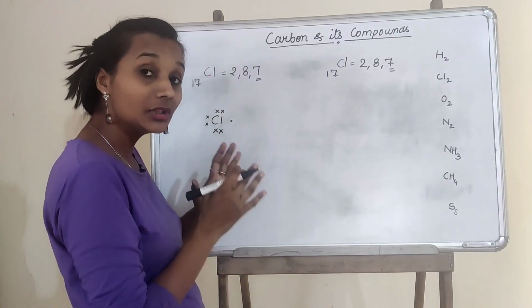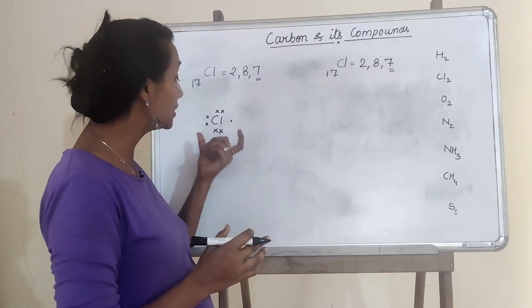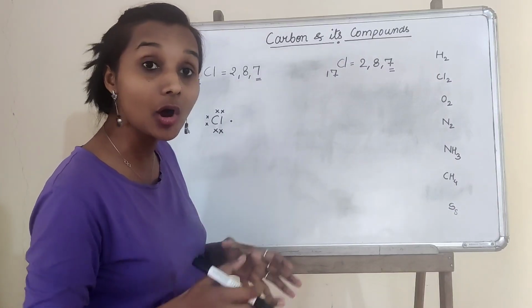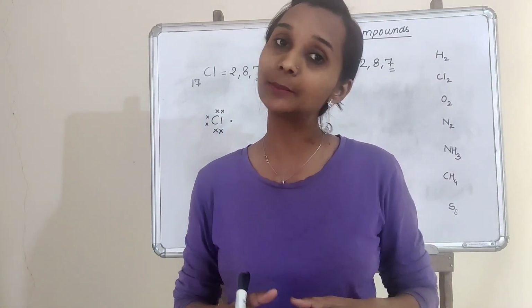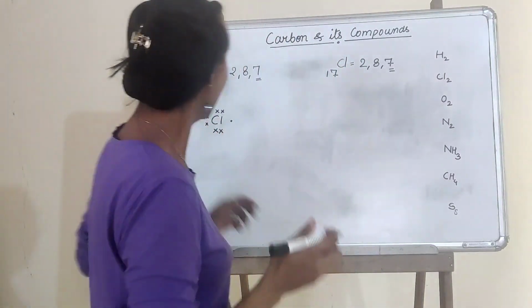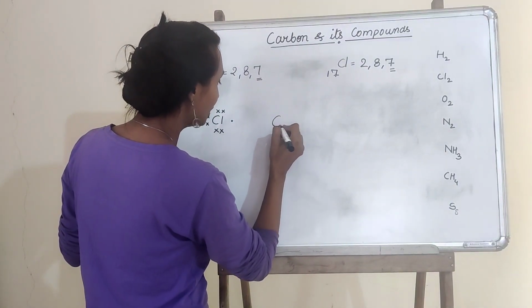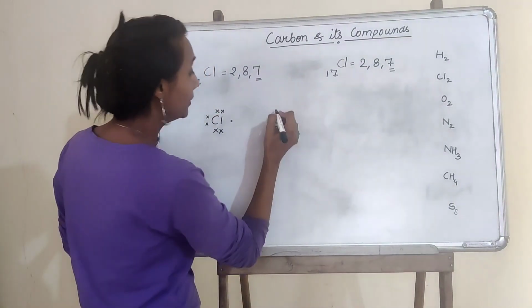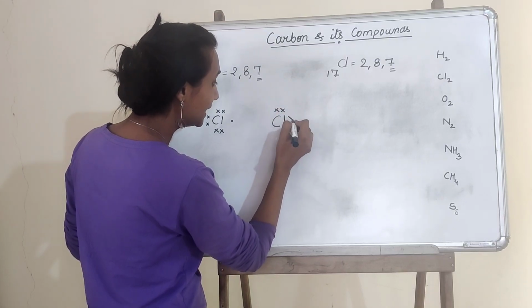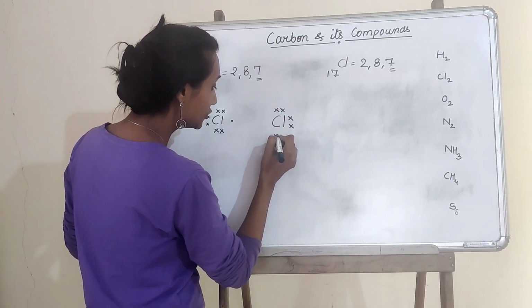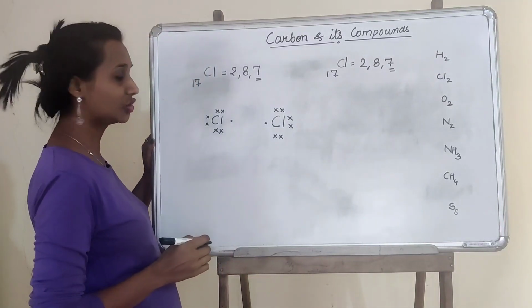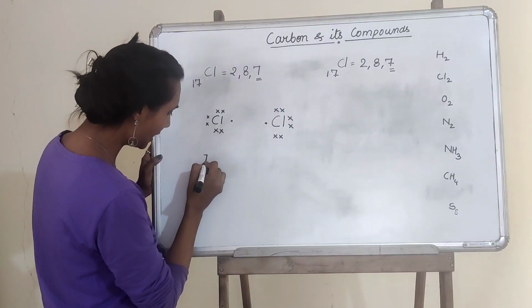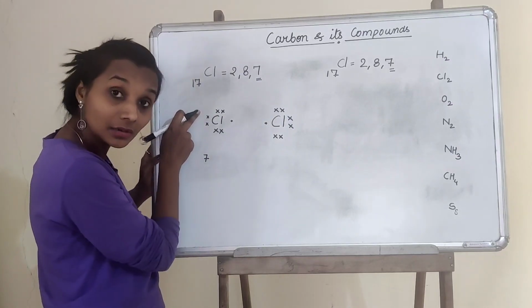Why am I drawing only the outermost electronic configuration? Do you know? Because only the outermost shell takes part in the bonding. Now here I will draw the other chlorine atom having 7 electrons in its outermost shell. So these are the 7 electrons of this chlorine atom.